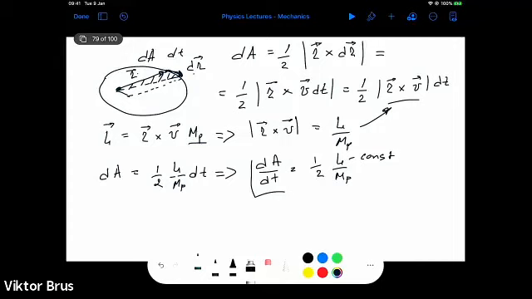on the planet with respect to the axis of rotation which goes through the sun, and the mass of the planet is also constant.